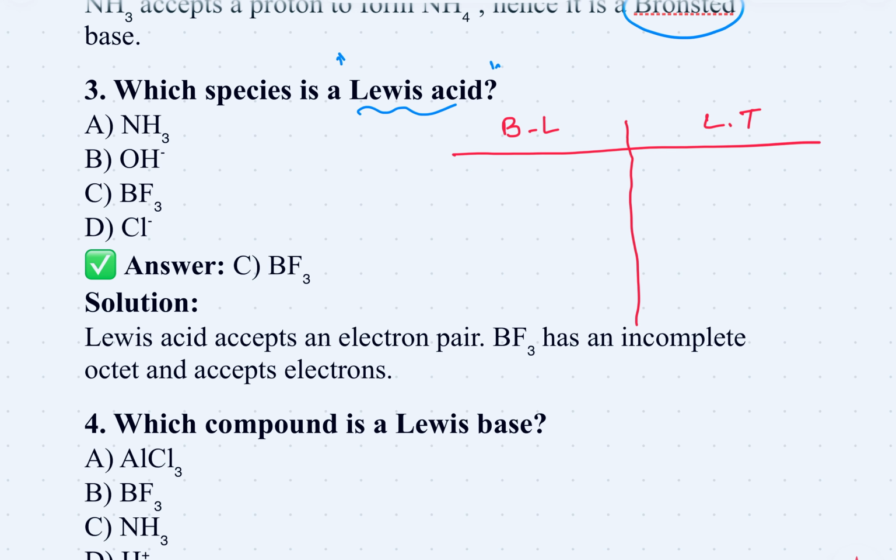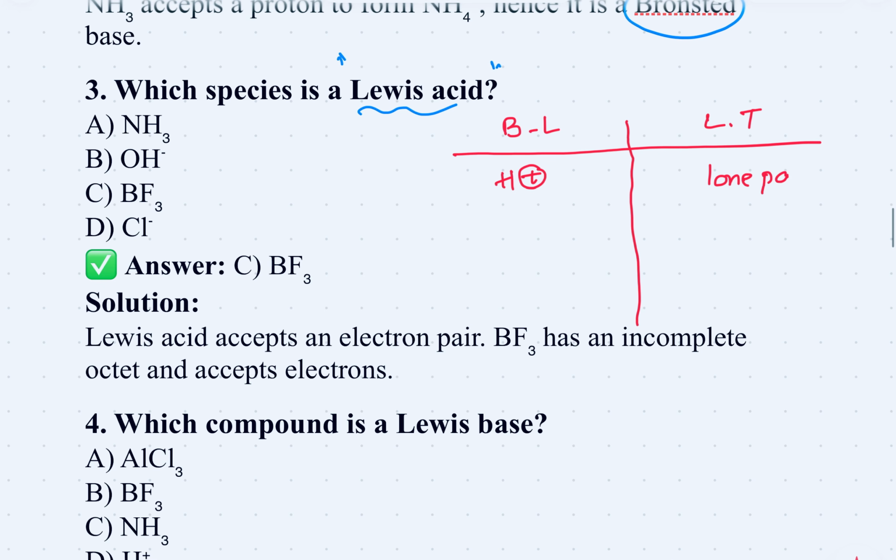Here, Brønsted-Lowry theory is based on protons, but Lewis theory is based on lone pairs of electrons, right? So, proton donor is called a Brønsted acid. Proton acceptor is called a Brønsted base.